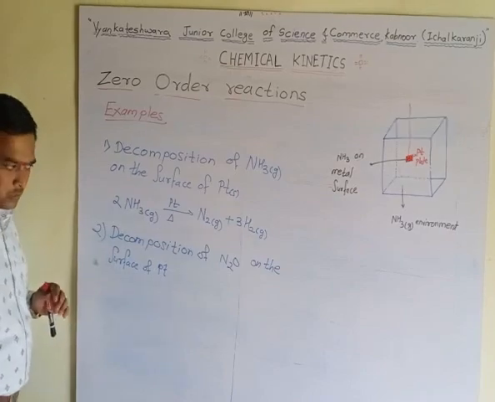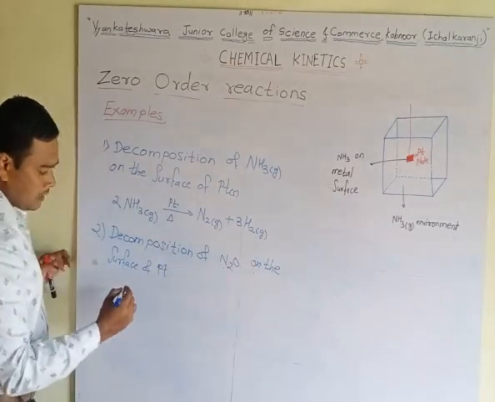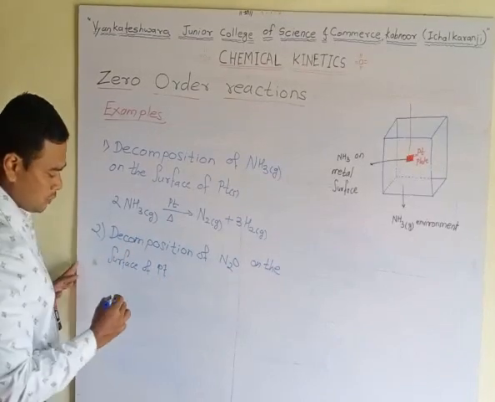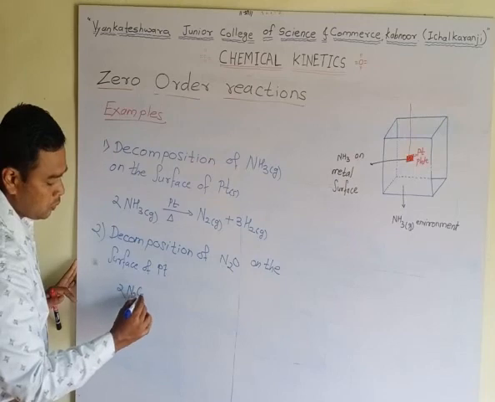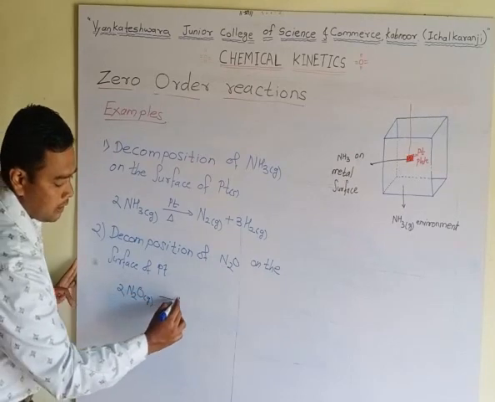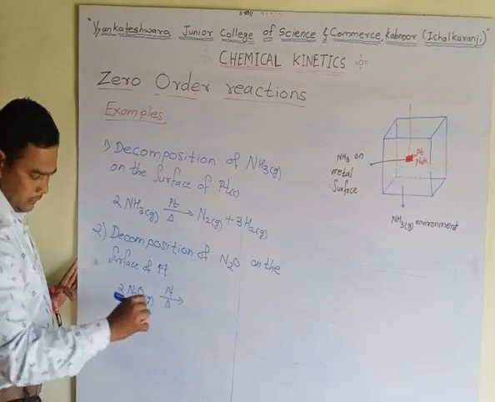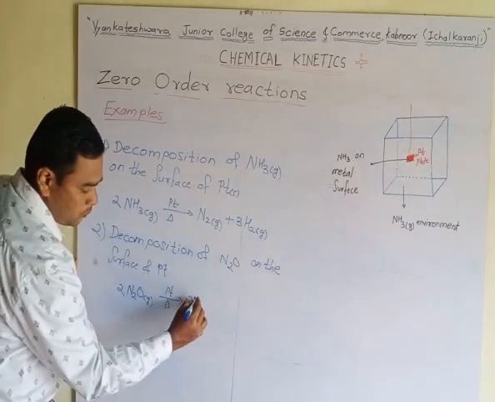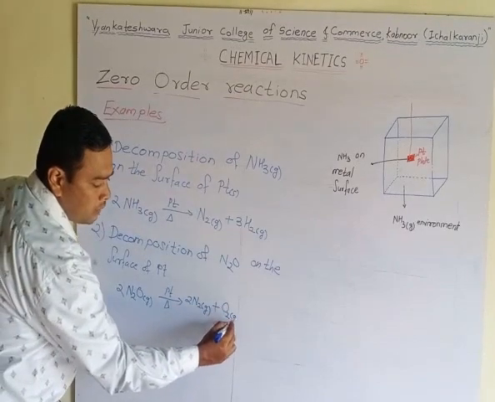This reaction also decomposes N2O and forms N2 gas molecules and oxygen gas molecules. Therefore, 2N2O gas in the presence of a platinum plate at higher temperature forms 2N2 gas plus O2 gas.